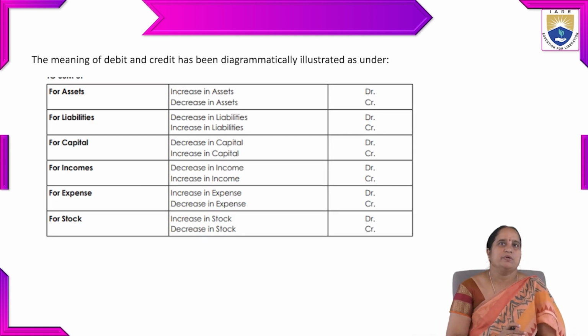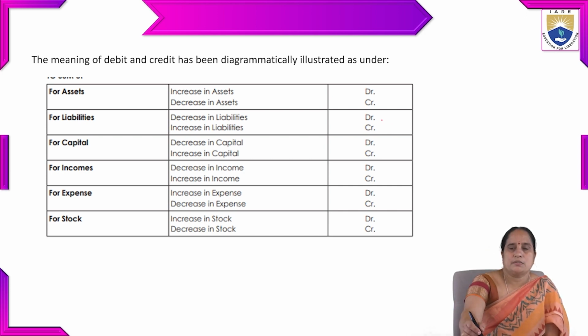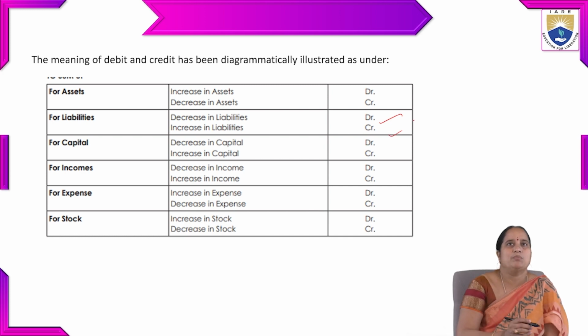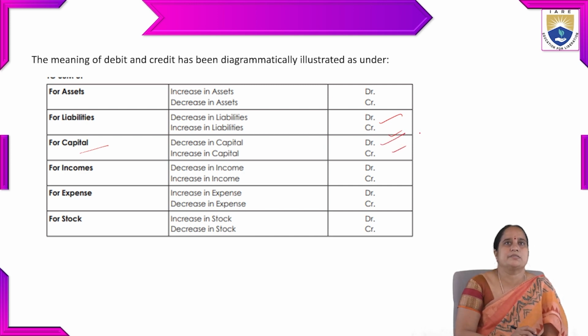So the meaning of debit and credit has been diagrammatically illustrated as under. For assets, increase in assets, we have to mention on the debit side, decrease in assets, credit side. Whereas for liabilities, decrease in liabilities, debit side, increase in liabilities, credit side. For capital, decrease in capital, debit side, increase in capital, credit side.